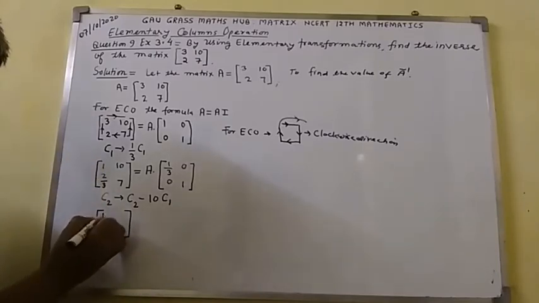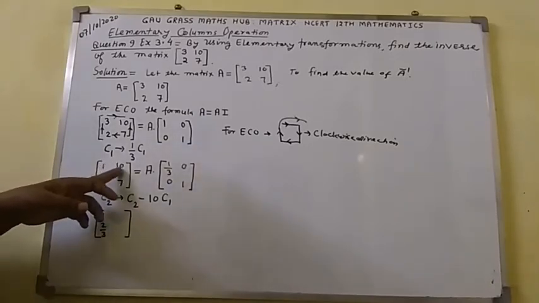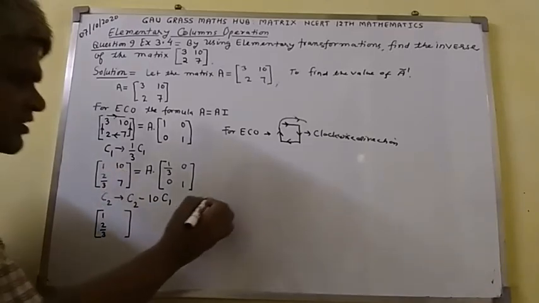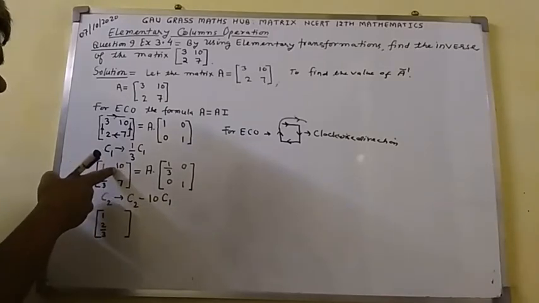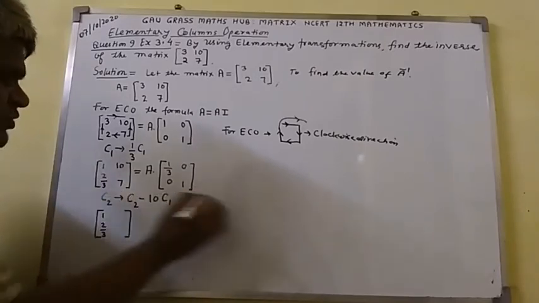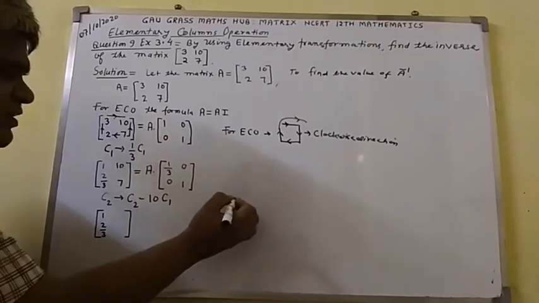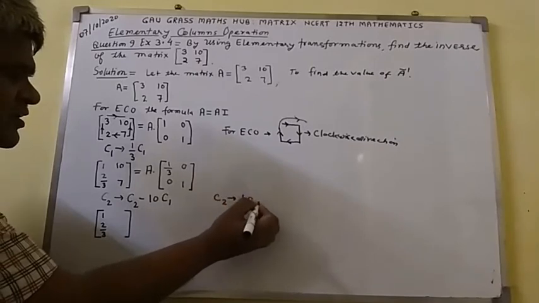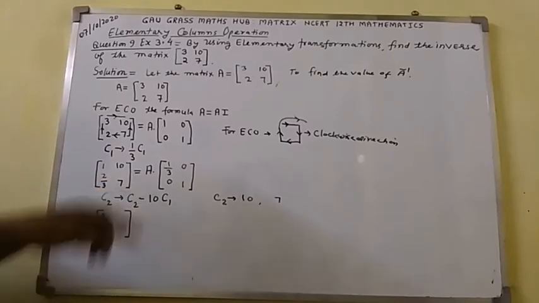So here I shall write 1, 2 over 3, and here for this 10, let us see what happens. In place of 10 I should write 0. Here in C2 you have got 10 and 7.